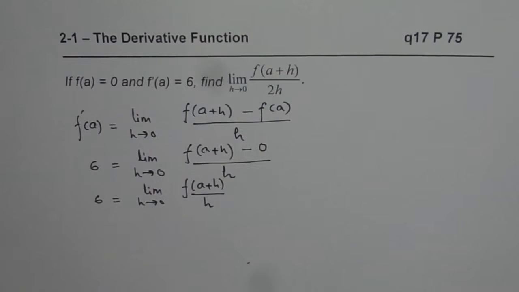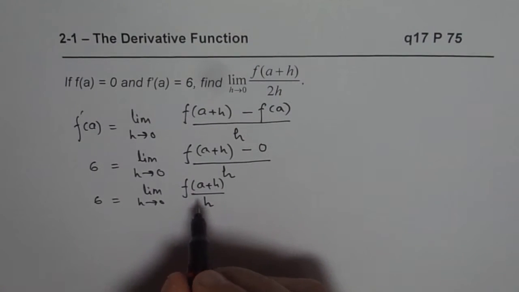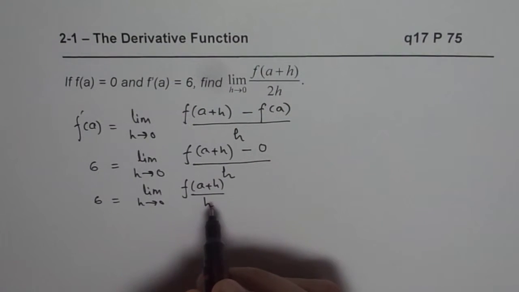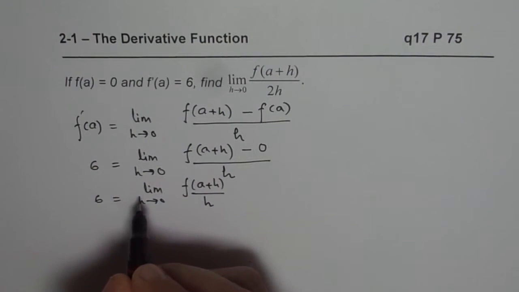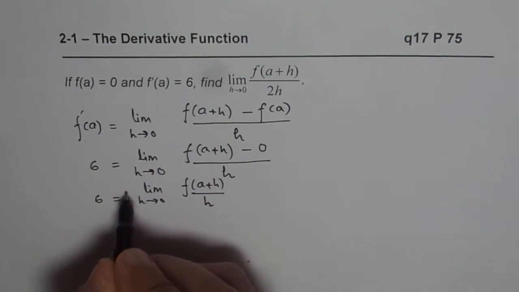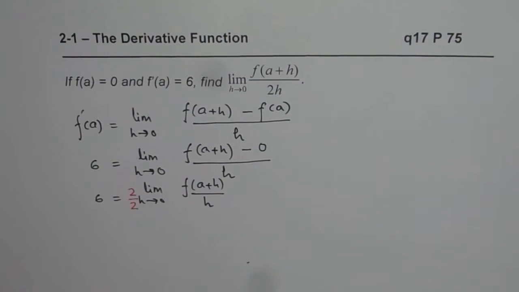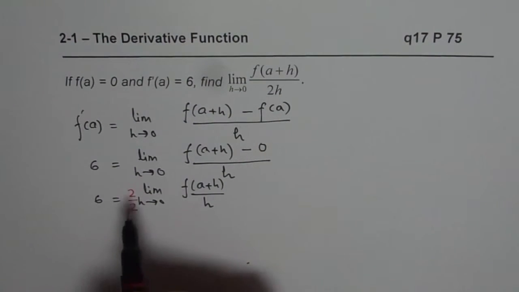So applying the rules for the limits, what we can do is multiply and divide by 2, right?